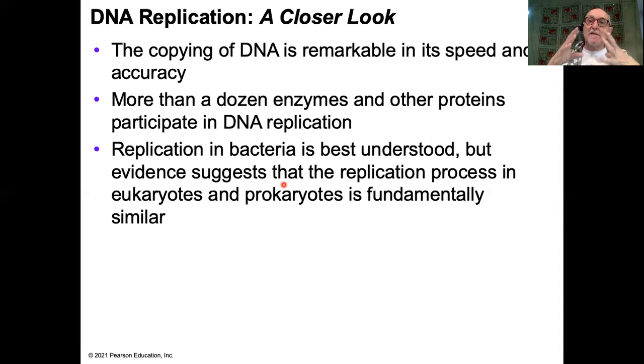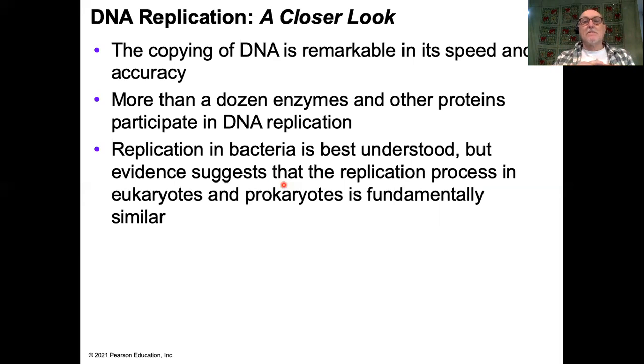This is a critical time in the cell's life, because it has to be done accurately. You cannot continually accumulate mistakes, mutations, every time you reproduce a cell. So we'll hear about some of the ways in which the cell accomplishes that now.